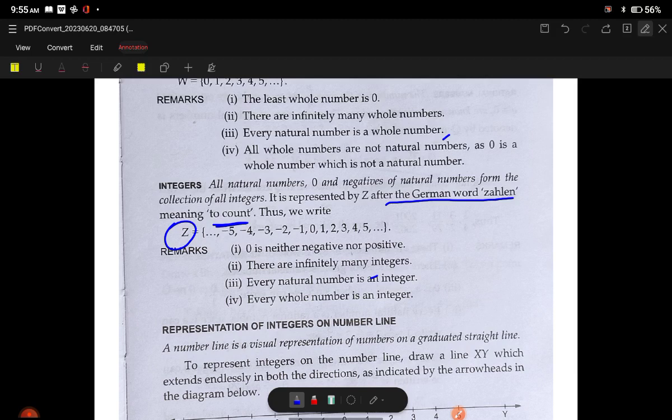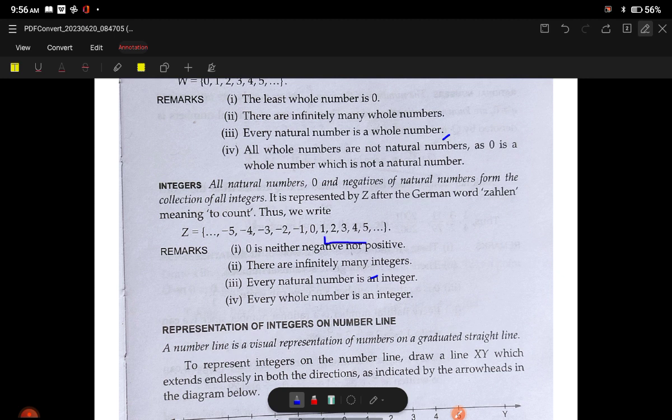You have seen various cyclone names given by different countries according to their own language. Similarly, if a new concept is introduced by someone, he has the right to give any symbol or name to it. Further, it may be modified. So the integer is denoted by the symbol Z, and Z comes from the German word Zahlen.